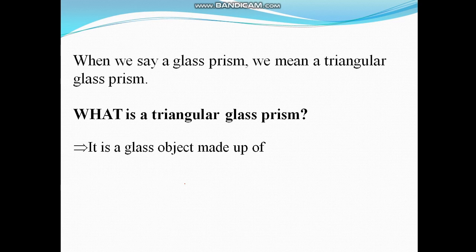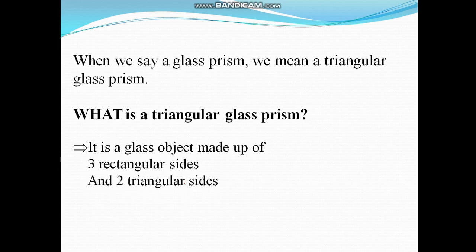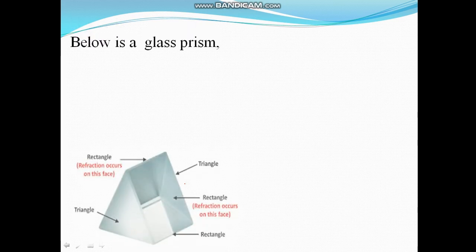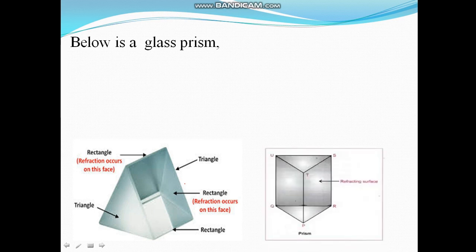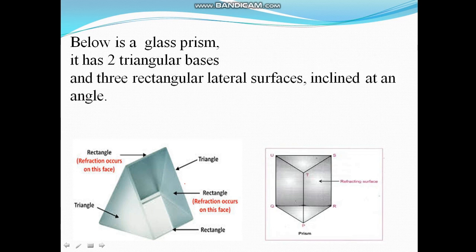It is a glass object made up of three rectangular sides and two triangular sides. Now you can see a picture of a prism over here, and you can observe that it has two triangular bases and three rectangular lateral surfaces.